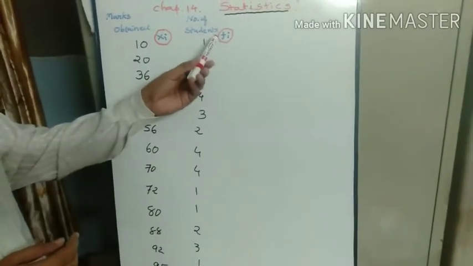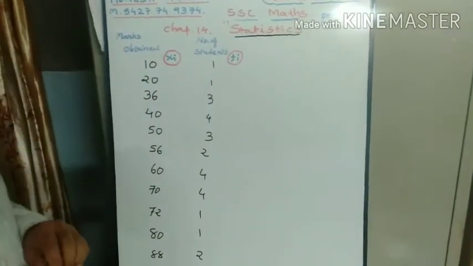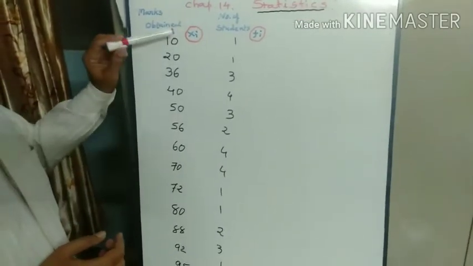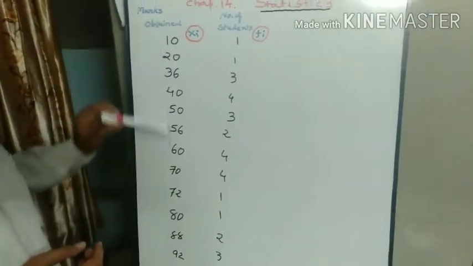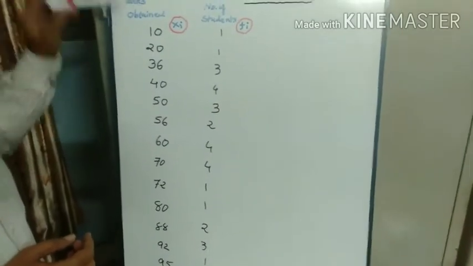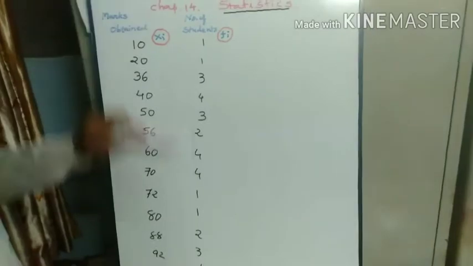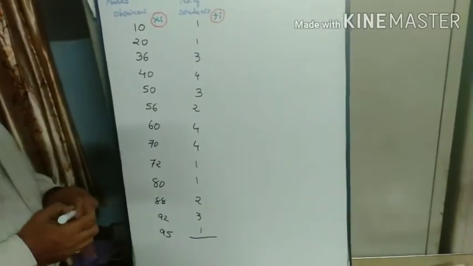It is the frequency and it is denoted by fi. So, first of all, you have to write xi for the marks or weight or height, whatever is given, and fi for the frequency, the number of people who are having that.